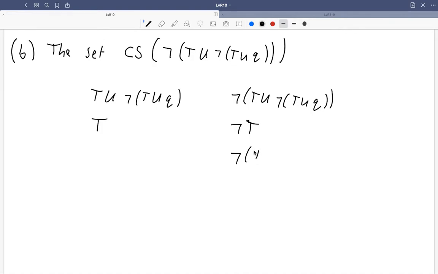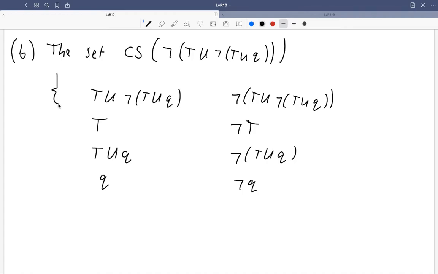Not true until q, and its negation true until q. And then again we've got an until operator, so we have either side of that and their negations. So we have true and not true, but we've already got those, and q and not q. And this is the set.